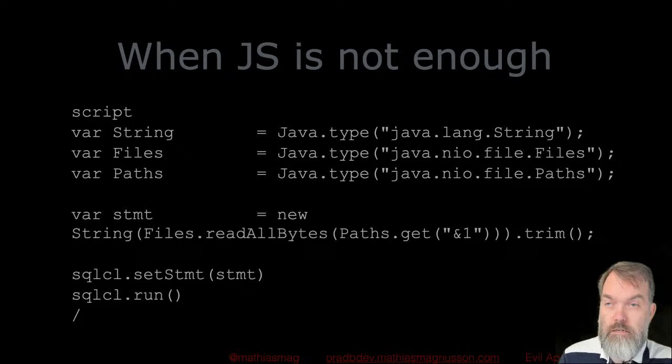We get the file path for the variable that's passed in, so we pass in an argument with ~1, like we usually do in SQLcl or SQL+. And we trim the line so that we don't get extra space and junk. And then we just do what we did in the very first example. We set the statement to a SQL statement and we execute it.